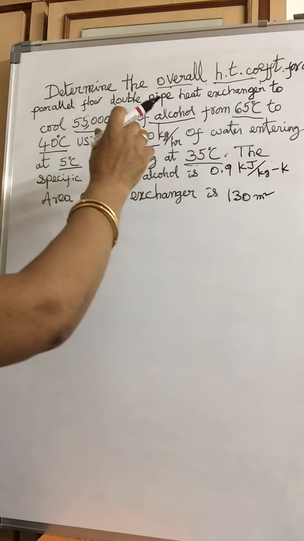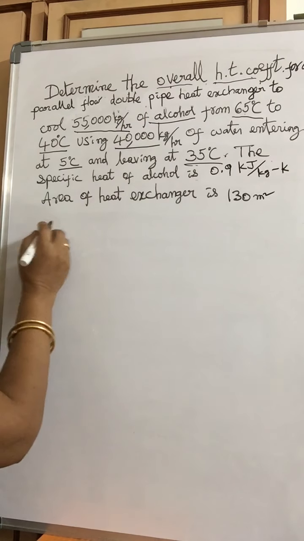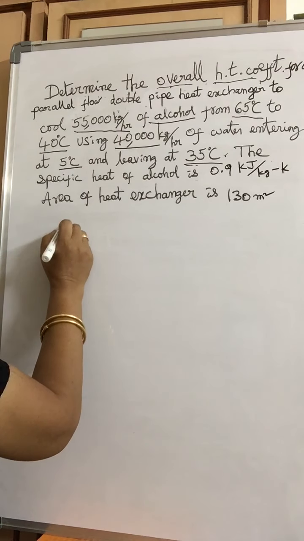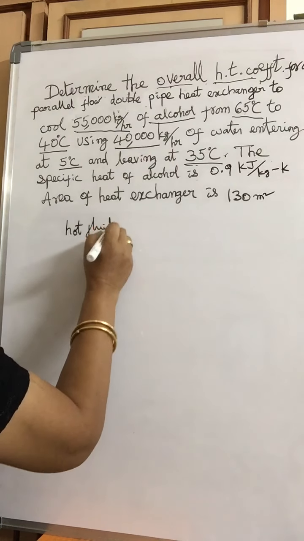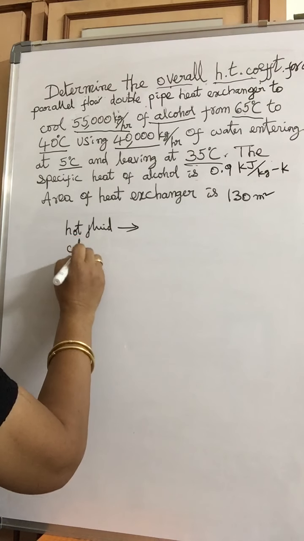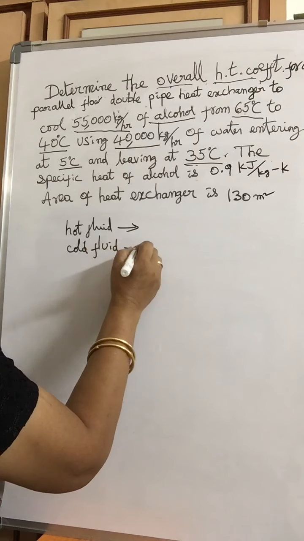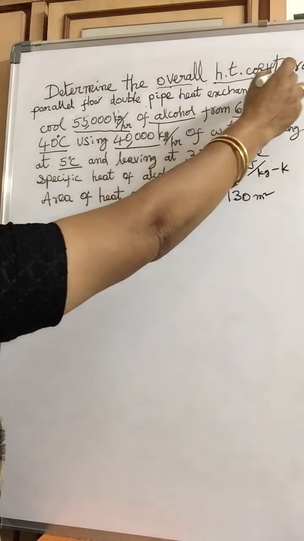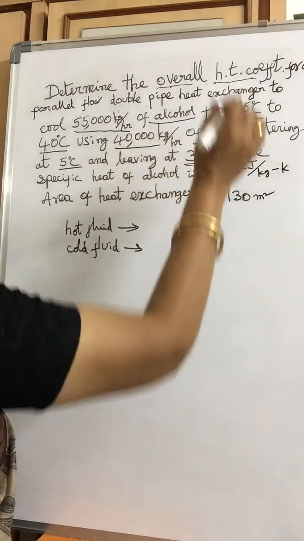So, before starting the problem, the very first point we should decide is which is the hot fluid and which is the cold fluid. Determine the overall heat transfer coefficient for a parallel flow double pipe heat exchanger.